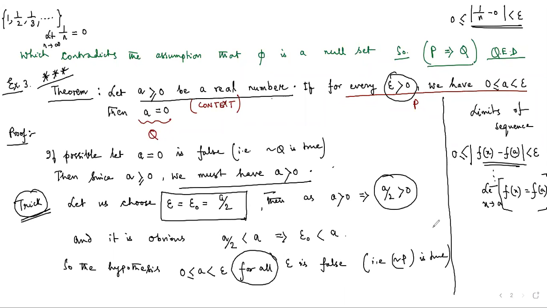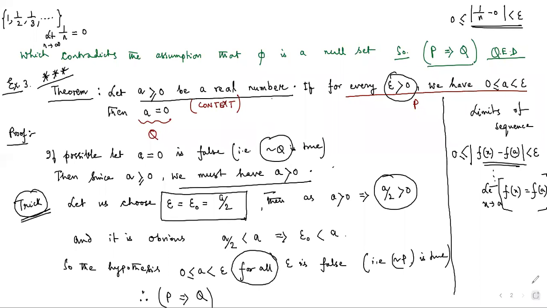So it is an absurdity, and therefore P implies Q, because not Q was implying not P, and that is not true, because P is your hypothesis. Therefore this absurdity comes directly from your assumption that not Q is true, and therefore it is wrong, and therefore P implies Q.